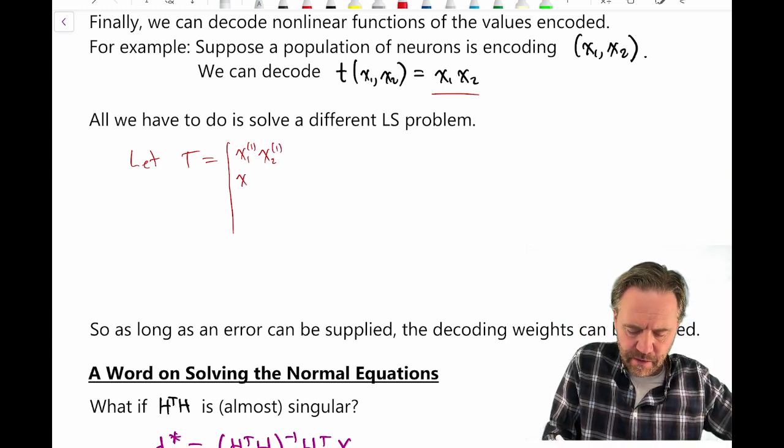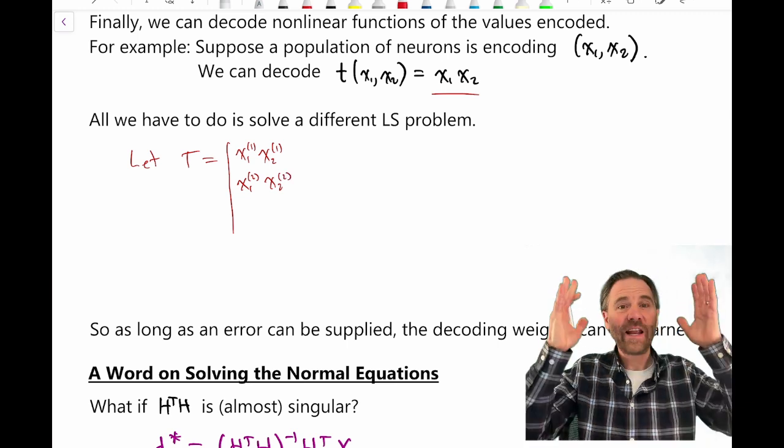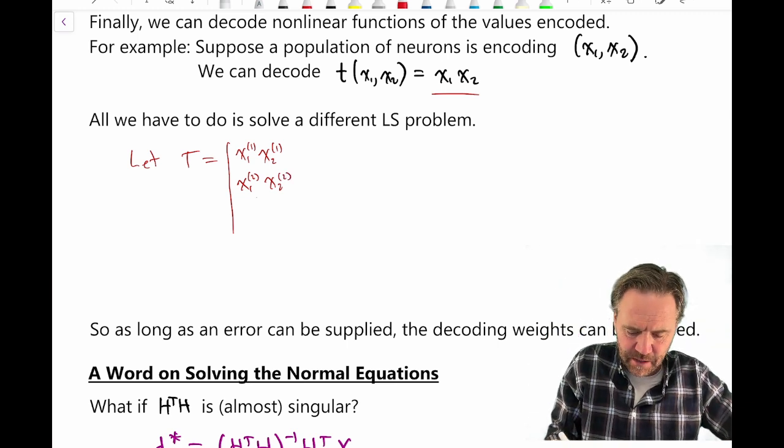The next output that we want is the same thing, x1 times x2, but for sample 2. x1 from sample 2 times x2 from sample 2, and so on, all the way down to the pth one: x1 from the pth sample times x2 from the pth sample.